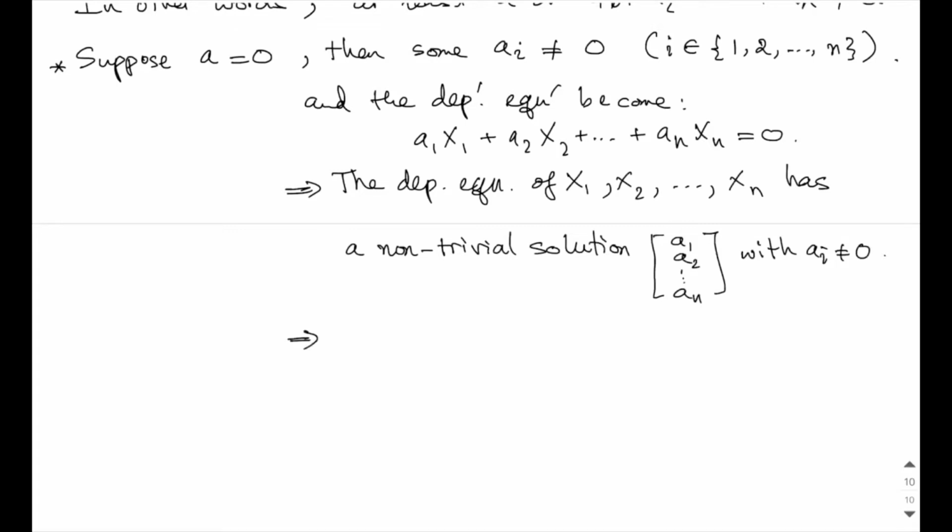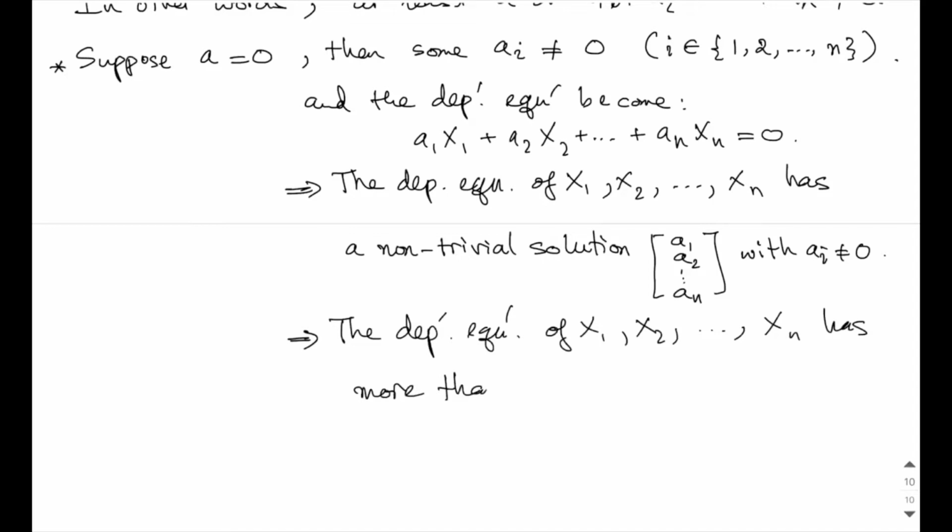But if it has a non-trivial solution, then this non-trivial solution together with the trivial solution 0, 0, 0 for everything will create more than one solution for this dependency equation. So this implies that the dependency equation of x1, x2, xn has more than one solution.